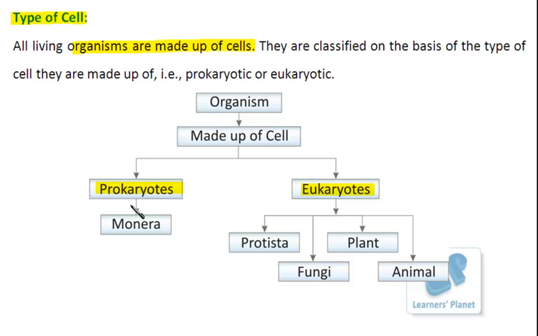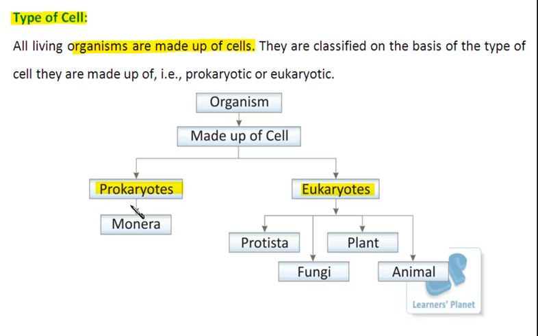That means what? Nucleus is the director of the cell, right? If it is absent, how will the cell function? Isn't it? In such organisms, the genetic material or the nuclear material is present. That is, the chromosomes are of course present, but they are not separated from the cytoplasm by the nuclear membrane.